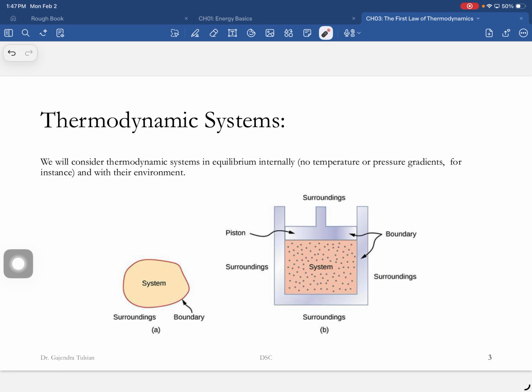All right, so in our lives, we use gases to do a lot of work. Can you give me an example where you use gas to do your work? Drinking from a straw.